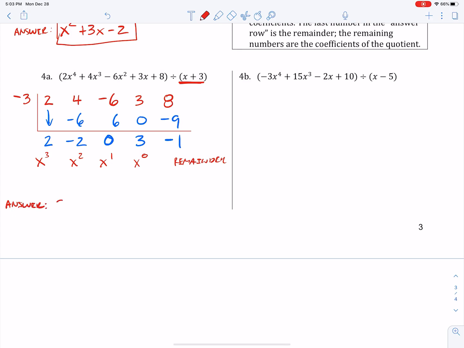I have 2x to the third power minus 2x squared. 0x to the first power, you don't put anything. Plus 3. Since it's -1, we have -1 over our divisor, which is x plus 3. And that's how we would write our answer.